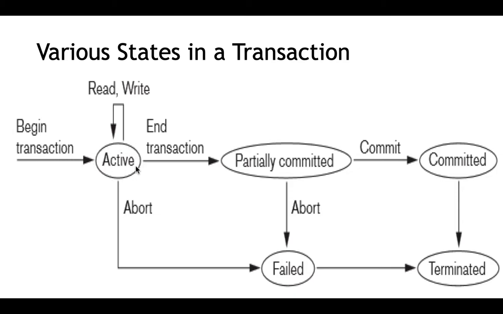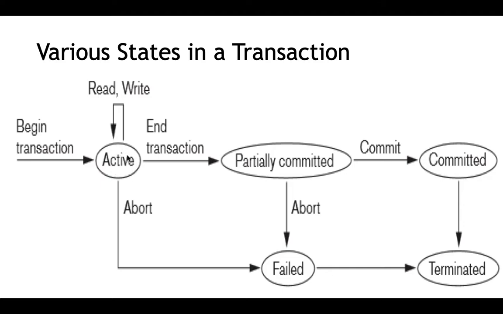The transaction is in an active state when the read and write operations are taking place. That is like you are adding things into your cart from Amazon, or you are actually booking a ticket, you are actually transferring an amount to another account, or some amount is coming to your account.